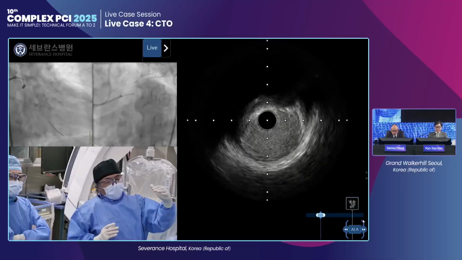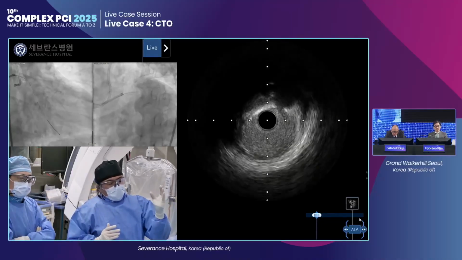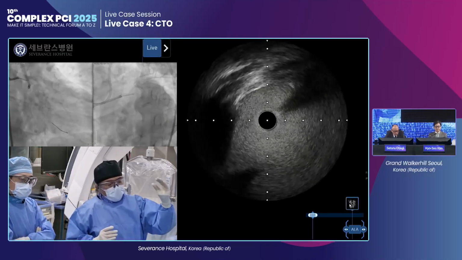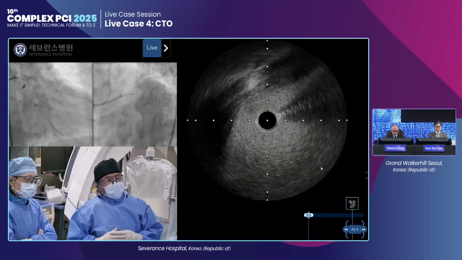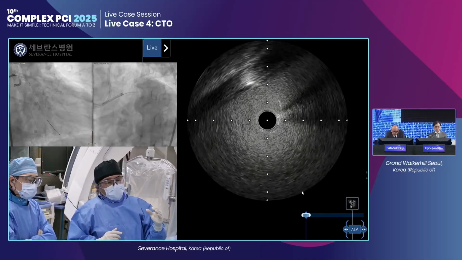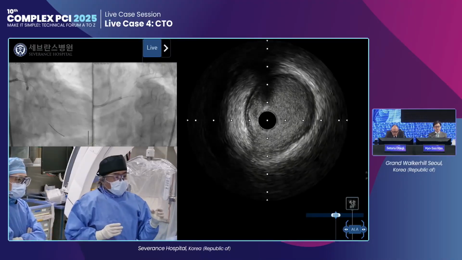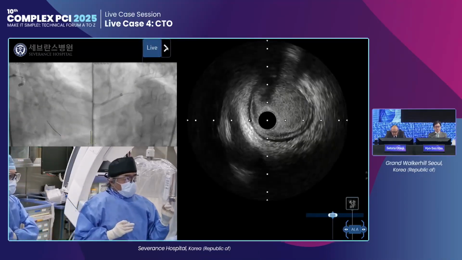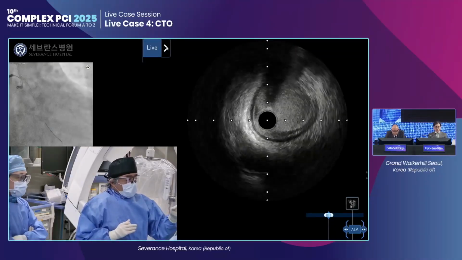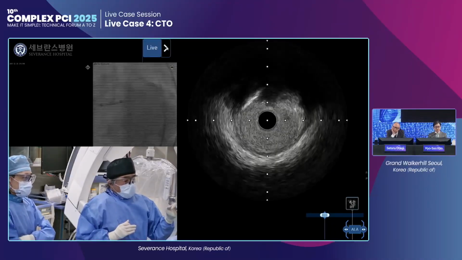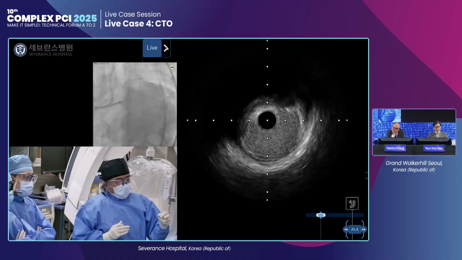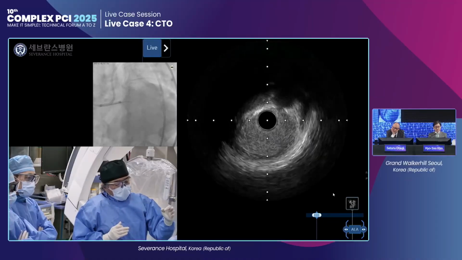From the spider view, we can see the intermediate branch just proximally. The LAD ostial region was suspected. So next one. On the spider view, the bending is very severe.